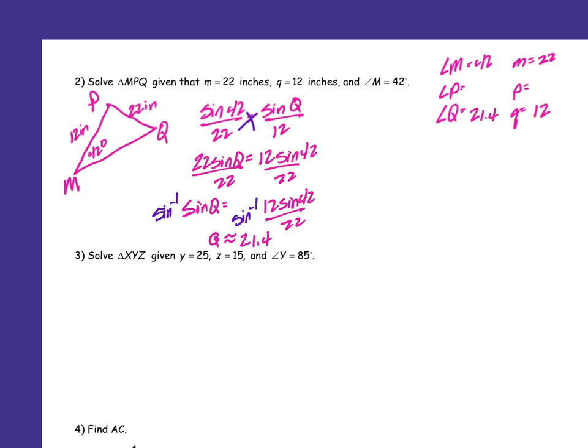Okay, now I have two of my three angles. If I have two of my three angles, I can find the other one. So angle P is going to equal 180 minus 42 minus 21.4 degrees. Degrees, I forgot that.